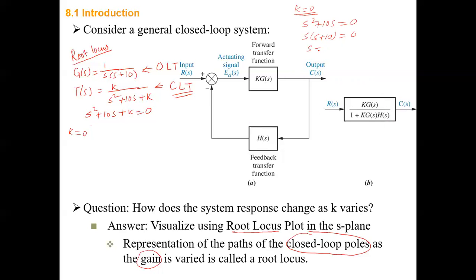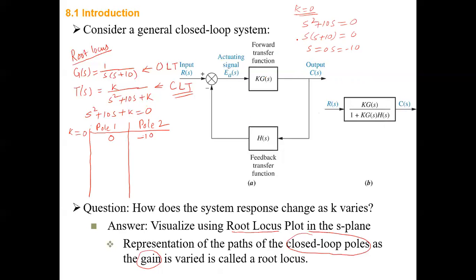So S equals 0 and S equals negative 10. When K equals 0, you have two poles, pole 1 and pole 2. What are they? 0 and negative 10.